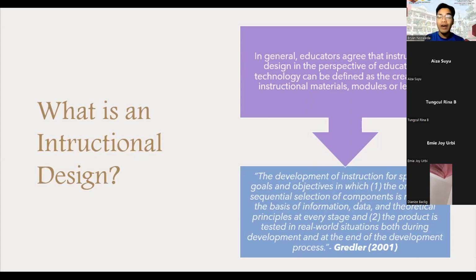You already developed a process of effectively teaching the parts of the cell. So that is what Gredler meant about instructional design: it is both a process and a product.